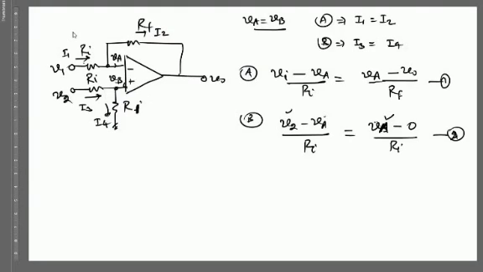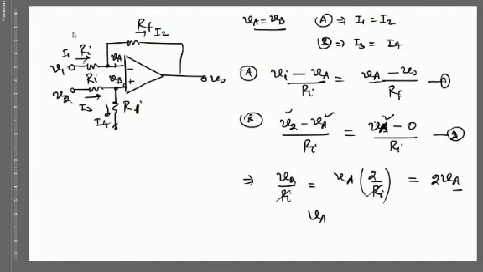Let me check it: V2 over Ri equals VA, and this becomes 2VA upon Ri. Ri will be cancelled out, then it becomes 2VA. Now VA equals V2 upon 2.